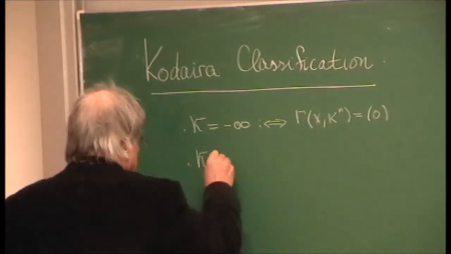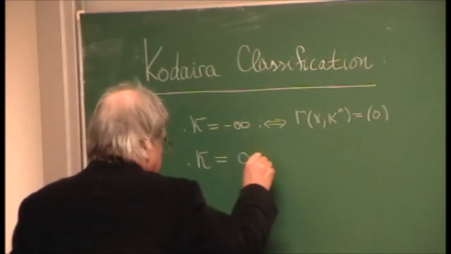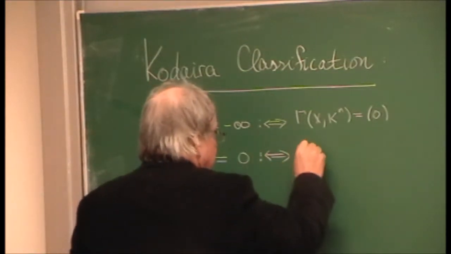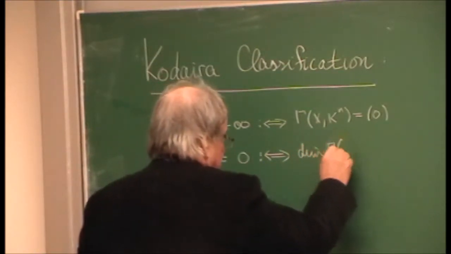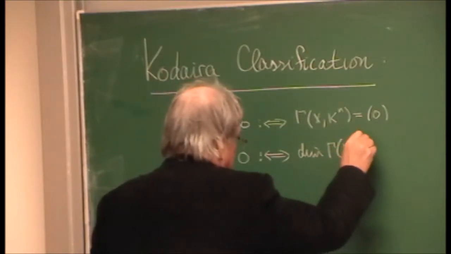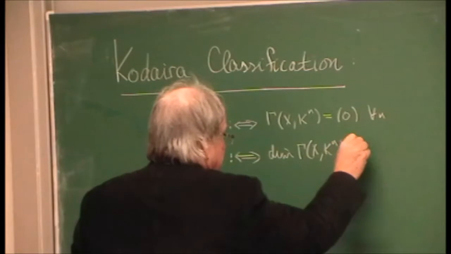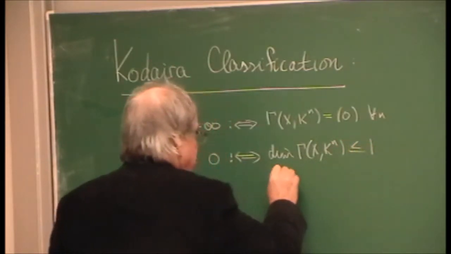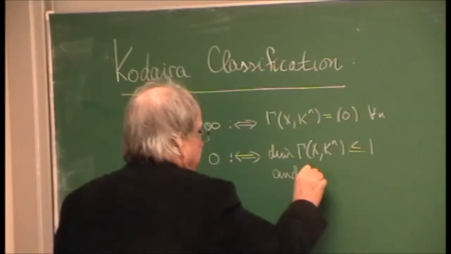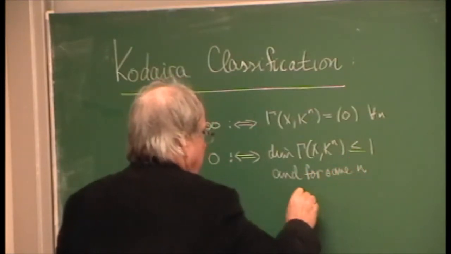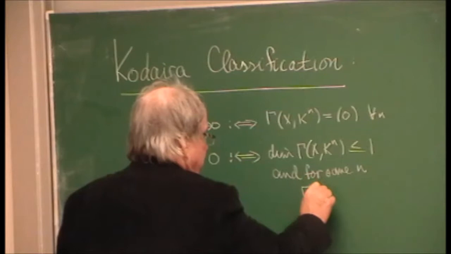Kodaira dimension 0 also looks rather bad, but the dimension of this thing is at most 1. This is for all n. It is at most 1, and for some n, it is 1. So this thing is not true.